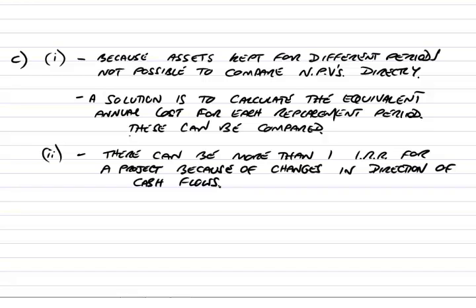All I mean there is, normally with an investment it's negative and then you've inflows, they're positive. But if you have the situation where there's an outflow, then there are inflows, then there are outflows, then there can be more than one.